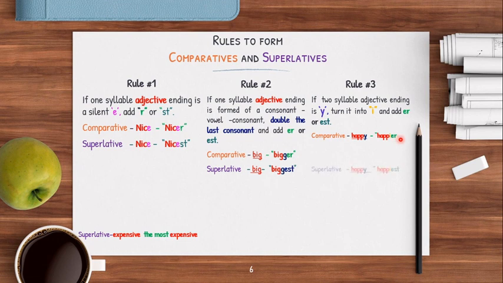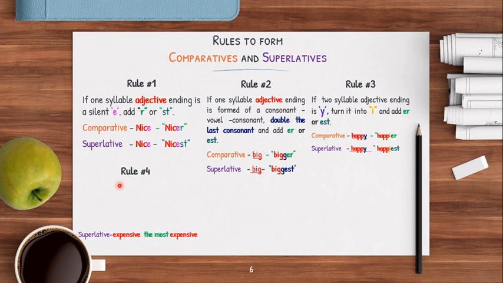And if you want to turn it into a superlative, easy, you just add est. So remember, for both comparative and superlative, we just remove y and add i, and then add est for the superlative and er for the comparative. So that one is an easy one. I like it.